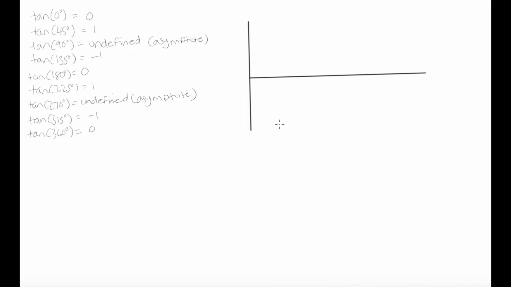I just want to remind you that when I'm drawing a plane like this, it is the same thing as the first and fourth quadrants of our Cartesian plane. So this is simply just looking at two quadrants of our Cartesian plane. I could just as easily draw a plane that looks like this, and that would be the Cartesian plane that we've been used to, where we have our positive x values, positive y values, negative x values, and negative y values.